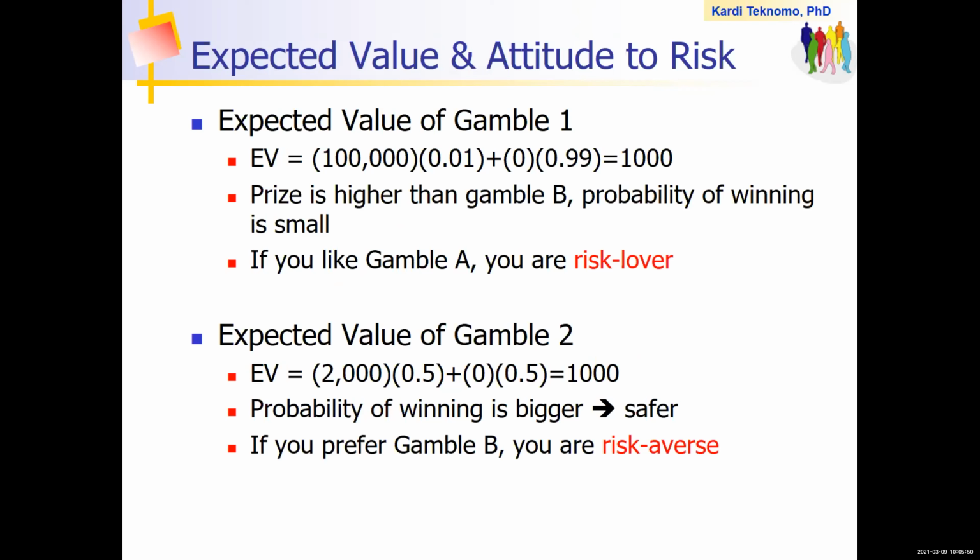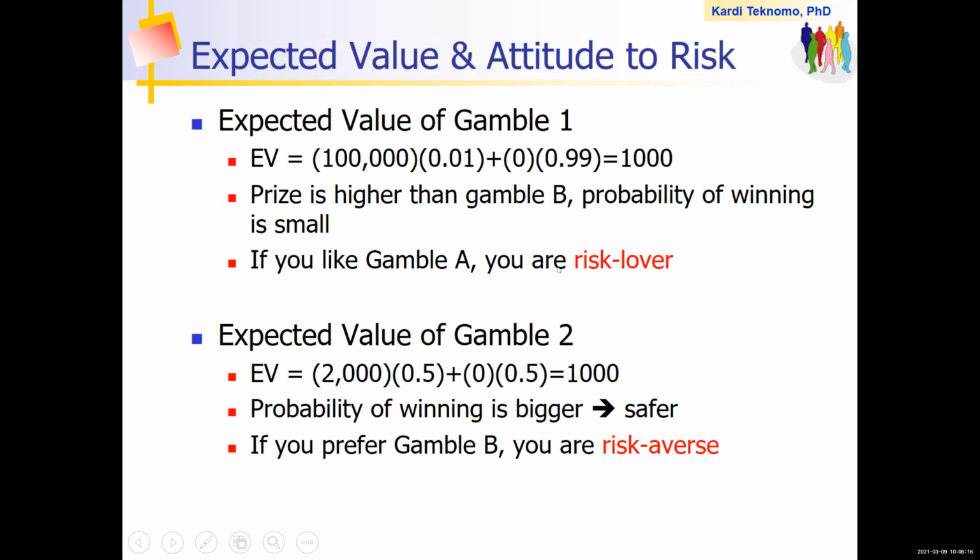Okay. So if you like gamble A, the EV is 1,000, but the price is actually higher than gamble B, right? So if you like gamble A, you are actually a risk lover.